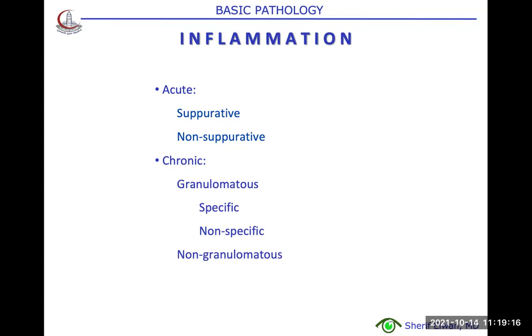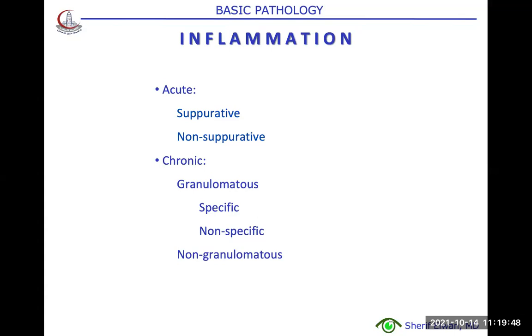By acute, we mean acute signs and symptoms like redness, swelling, pain, and loss of function of the organ. Suppuration is the formation of pus, and pus here is formed by the dead polymorphs, the dead neutrophils that died in the battle against the noxious stimulus, and no suppuration where the inflammation is not accompanied by pus formation.